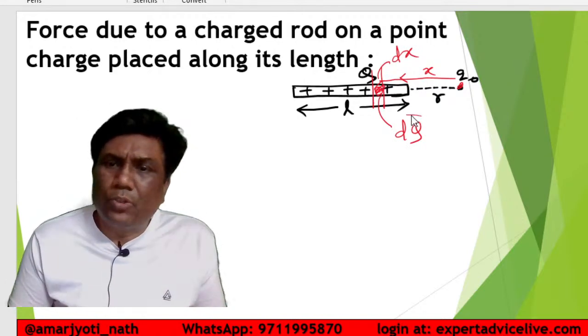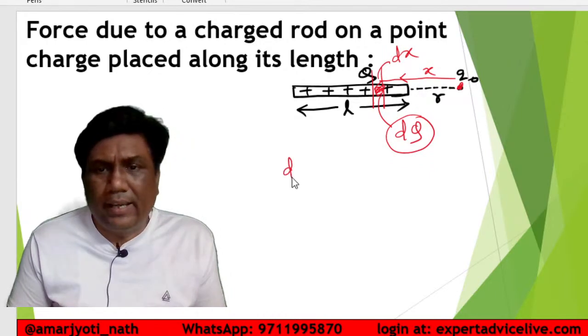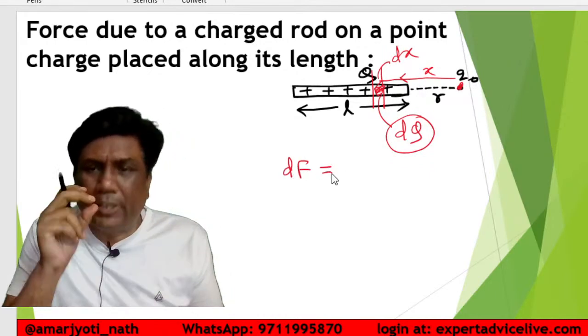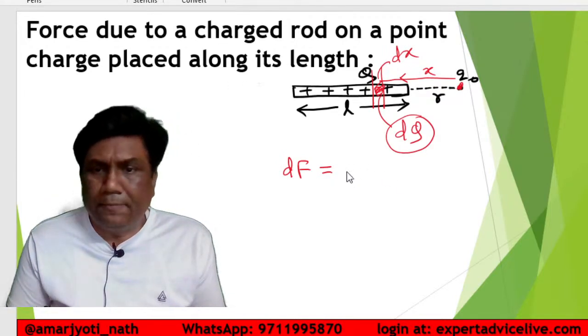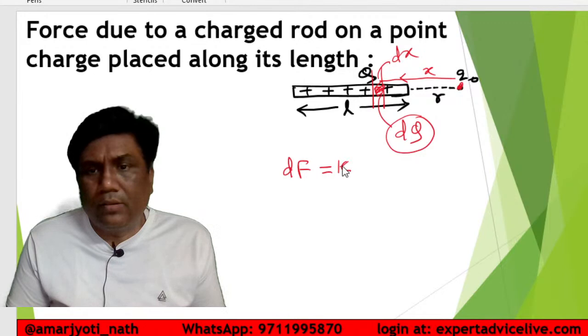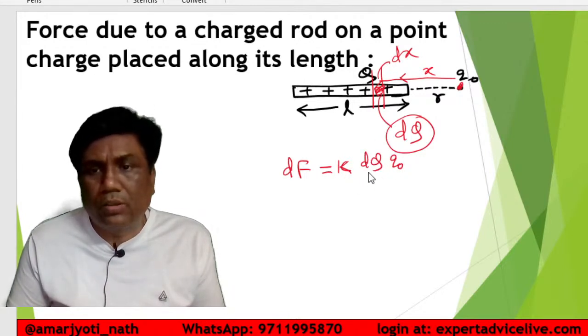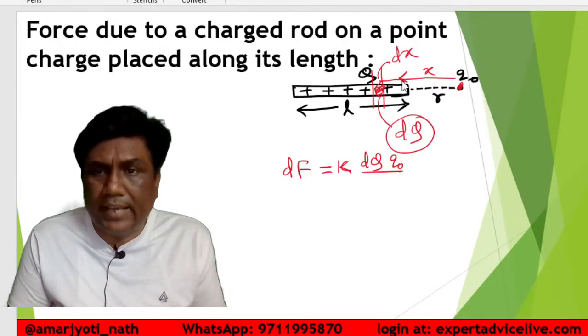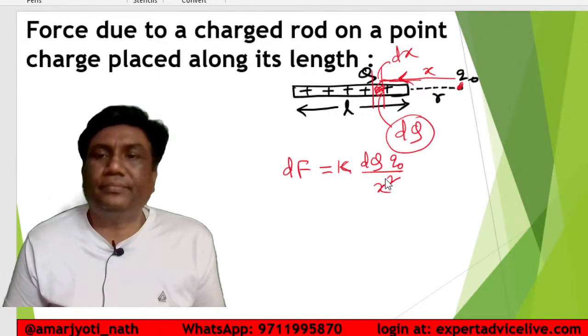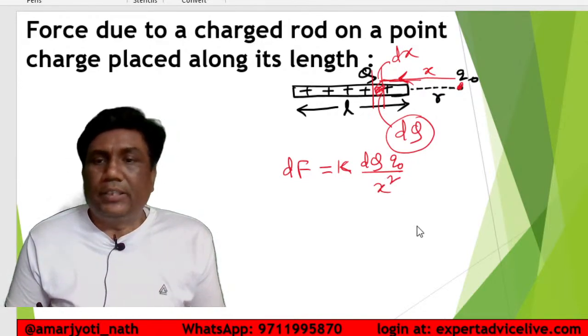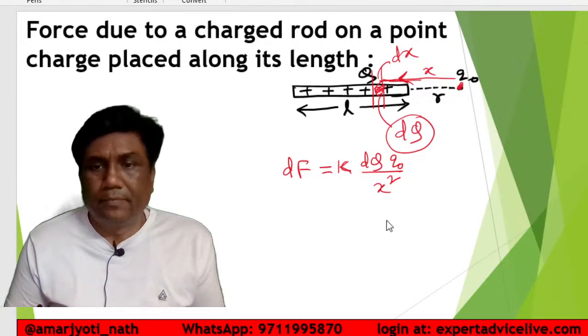I know the force between this point charge and the other point charge because it comes from Coulomb's law only, and the force will be very small because the charge dq is very small. So it is nothing but Coulomb's constant k, dq into Q naught, by the separation. The separation is x, not r, because we have taken the element at a distance x, so that is x square. Well, simple Coulomb's formula we have used.